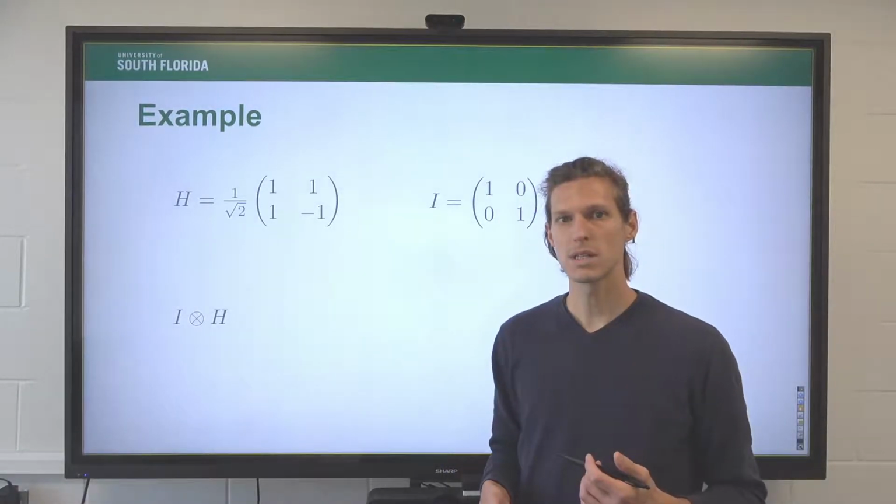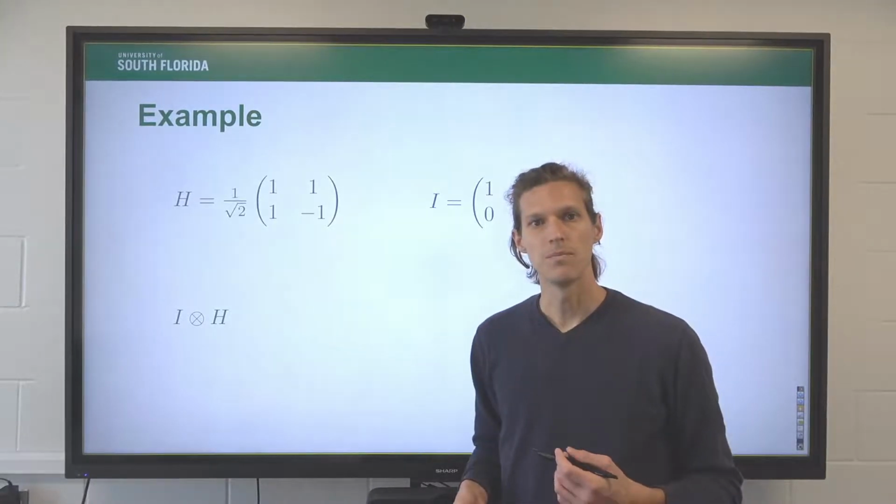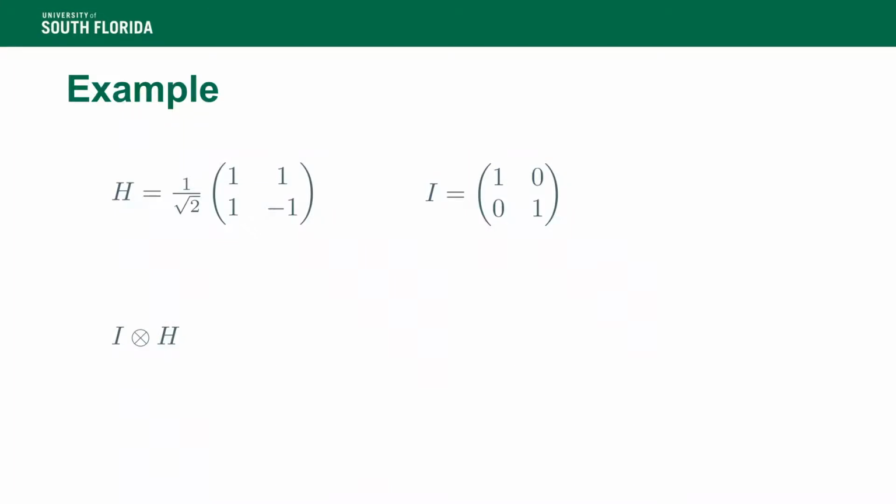And so what's going to happen here, for example, in the most simple case, let's look at 2 by 2 matrices. So we have the identity here, and we have the Hadamard matrix here. What would be, according to this formula, I tensor H? So you have blocks of H. I can get my 1 over square root 2 out of it, because it will simplify the writing.